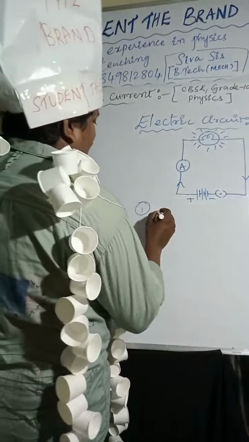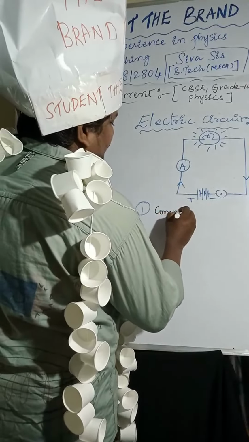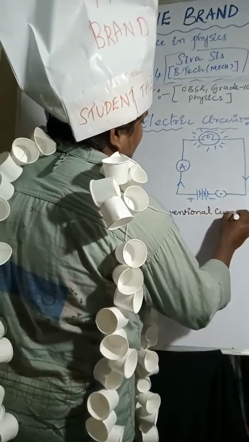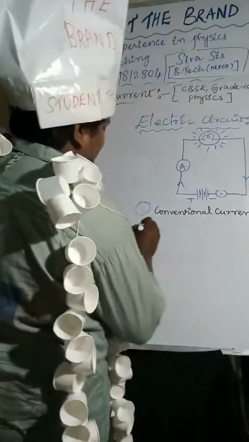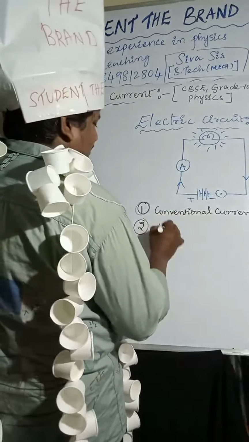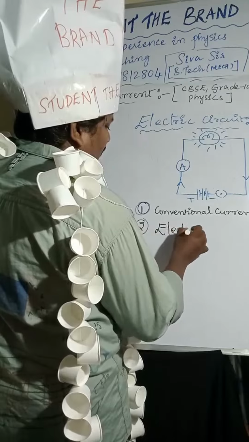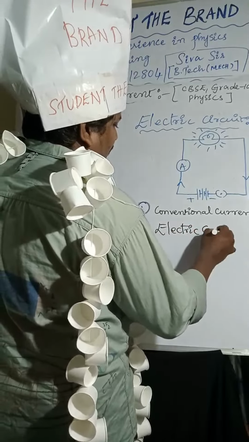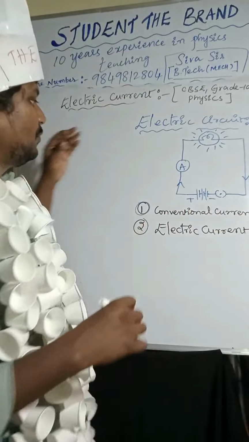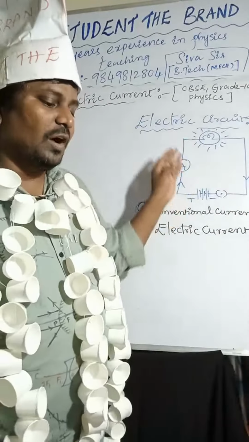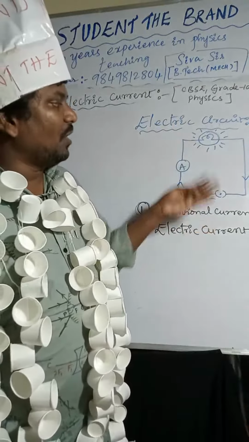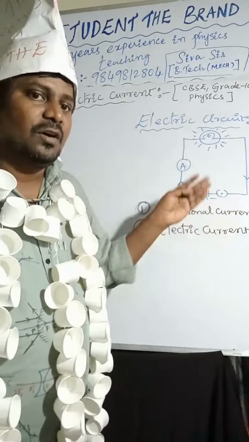The first one is conventional current, and the second one is electric current. Conventional current is nothing but the flow of positive charges. So the direction of flow of positive charge is called the direction of flow of current.